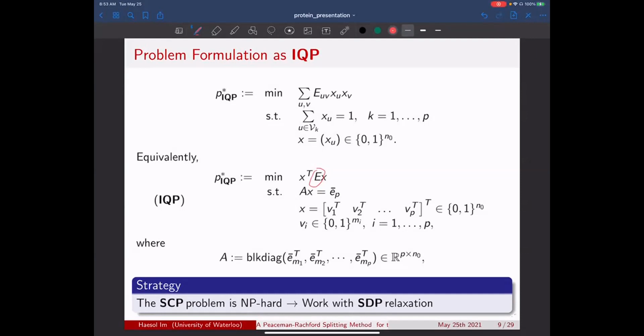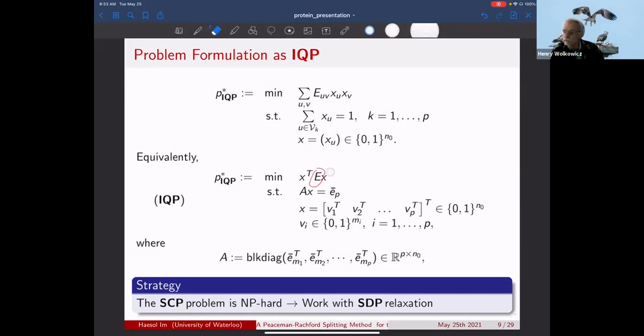RLT is almost equivalent to the SDP relaxation. It's the Adams-Sherali form.